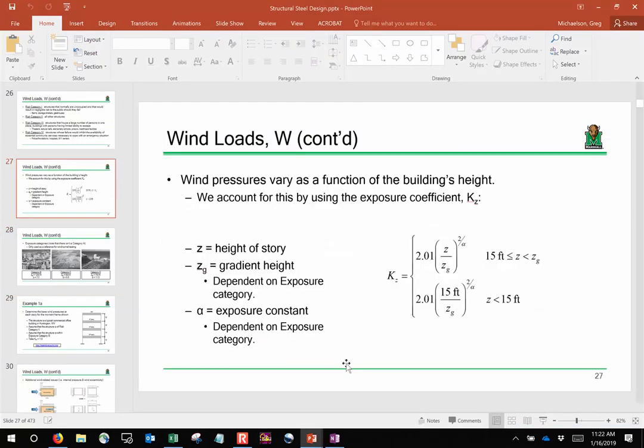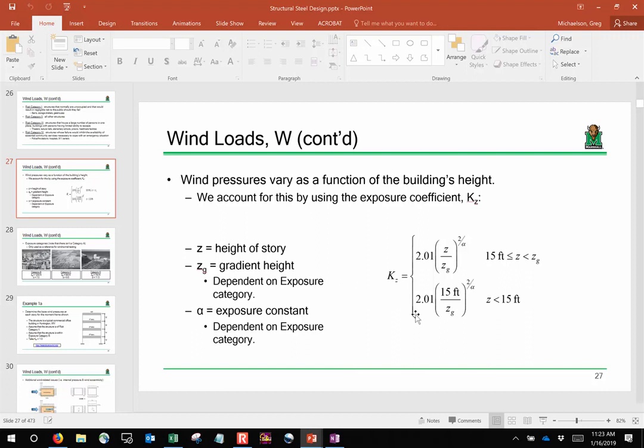We have basically two quantities to consider: KZ for when Z is less than 15 feet, or when Z is greater than 15 feet. The exposure category says this expression is valid anywhere from a Z of 0 to a Z of 1,200 feet. That's pretty tall. So are we going to use the upper expression or the lower expression? Upper. Okay.